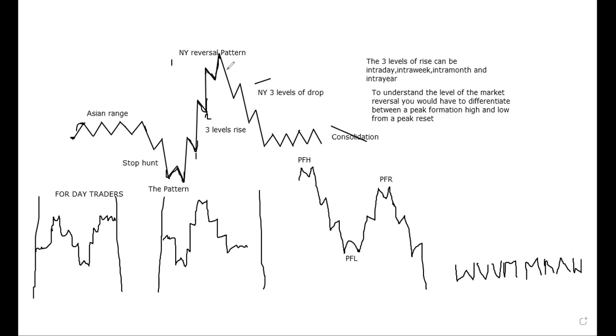Now, this is an inverse V1, then inverse V2. This level is not complete. Then we have another inverse V3 to move down, before we have a condition. So this inverse V1, inverse V2 is complete. Then we have a consolidation or a W that's going to signify a market reversal.